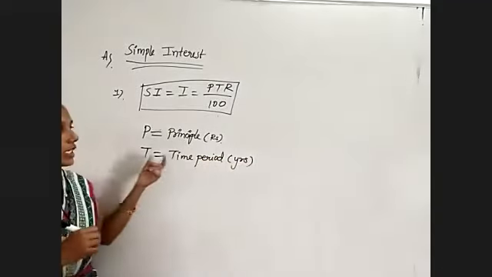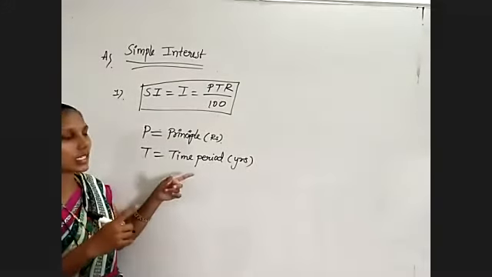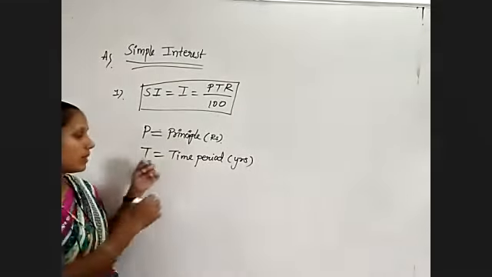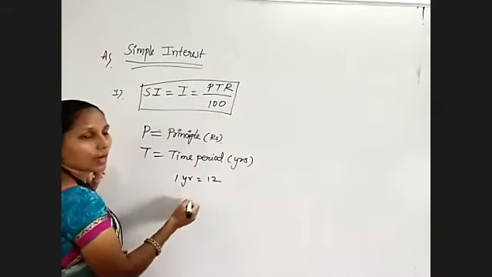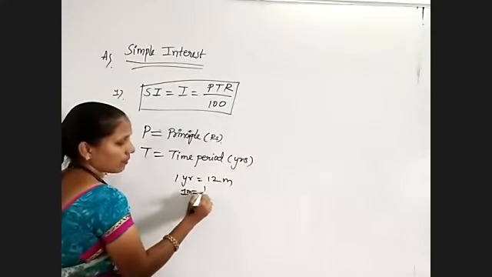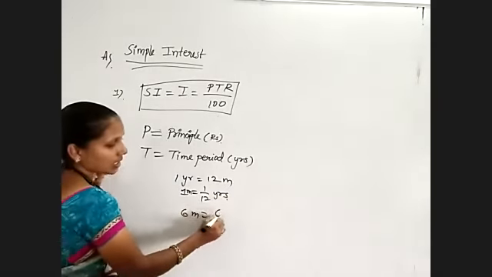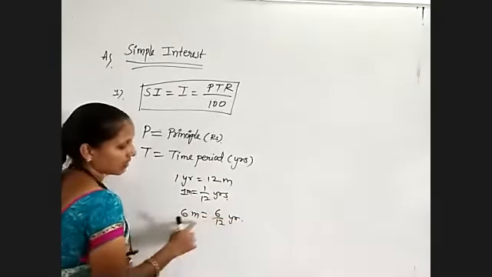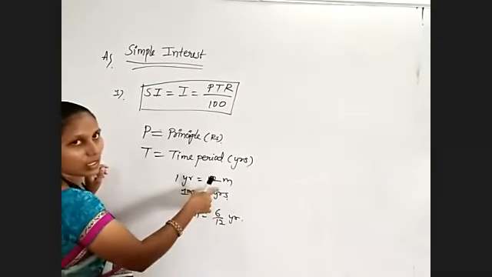If the time period is given in months, you must convert it into years. 1 year is equal to 12 months, so 1 month will be equal to 1 by 12 years. Suppose they give 6 months, then it is 6 by 12 years. To convert months, we need to divide by 12 because 1 year is equal to 12 months.